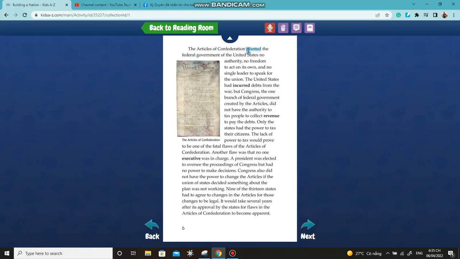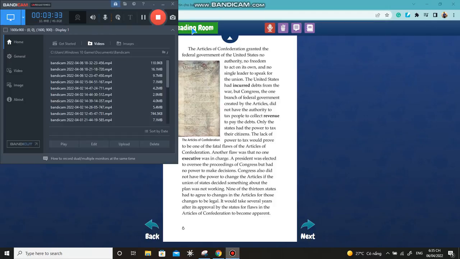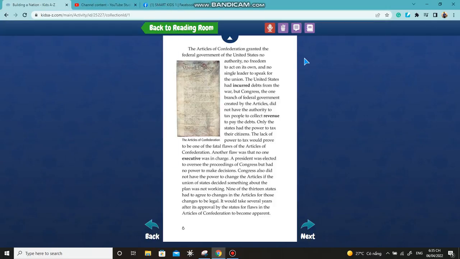The Articles of Confederation granted the federal government of the United States no authority, no freedom to act on its own, and no single leader to speak for the Union. The United States had incurred debts from the war, but Congress, the one branch of federal government created by the Articles, did not have the authority to tax people to collect revenue to pay their debts.